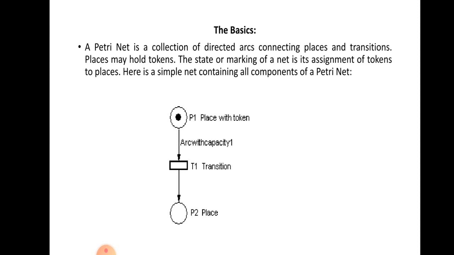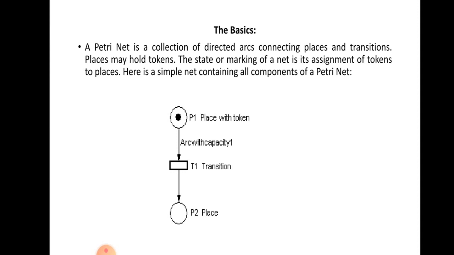Here there are two circles. One is place P1 with a token, and the second circle is P2, another place. The intermediate transition T1 is a rectangle, which means we transit or perform the transaction from one place to another, from P1 to P2, which is done by the transition T1.